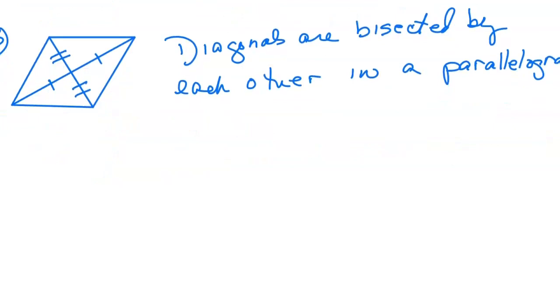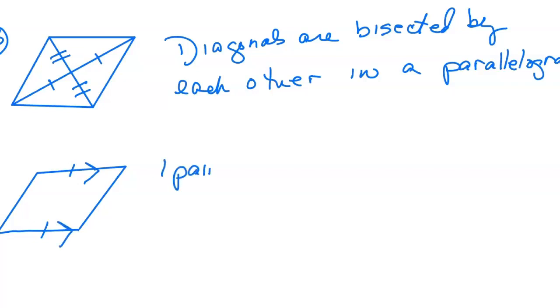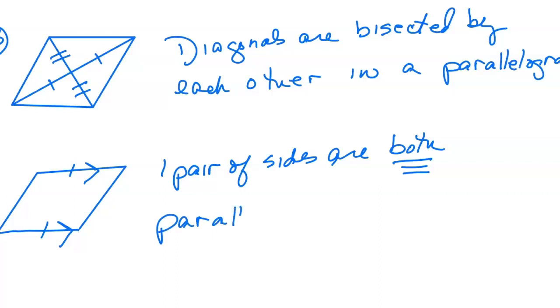The last one deals with two opposite sides that are both congruent and parallel. So I'm going to say one pair of sides, or both, and that's the key. They have to be both parallel and congruent.